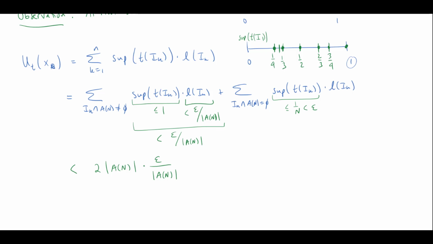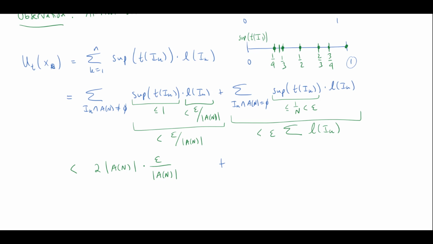All right, now we have plus. So what happens here? Well, we know that each one of these suprema is less than epsilon. So I can pull this epsilon out. And so this piece up here will be less than epsilon times the sum of the lengths of the I_k.